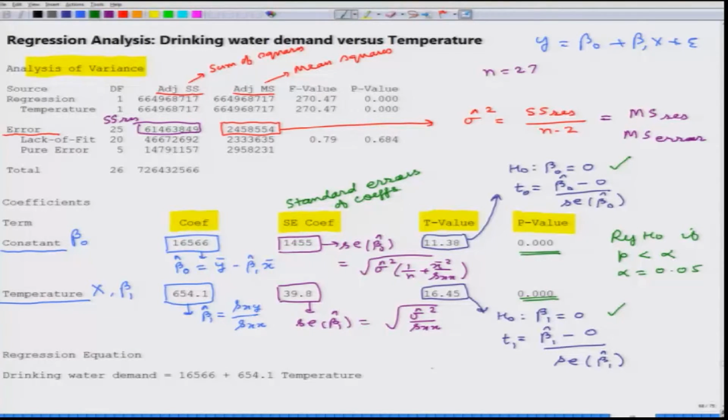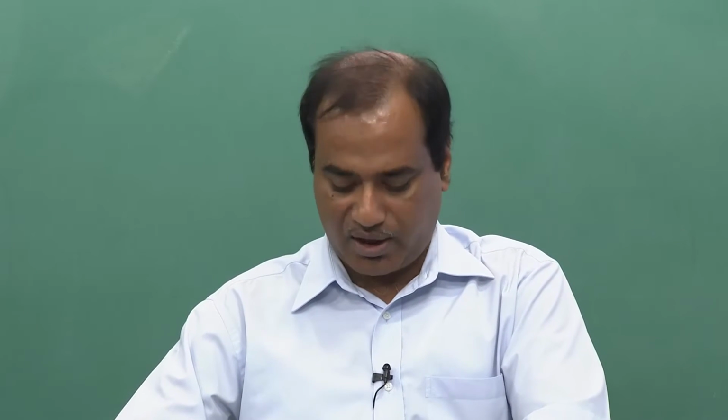So, now we can conclude that both H naught hypotheses are rejected. Right. So, based on this, I can conclude that x is an important variable, and that it is helping us in explaining the variation in y.